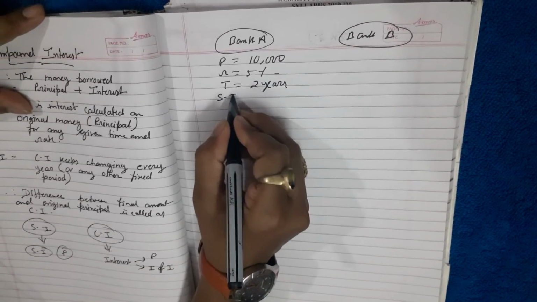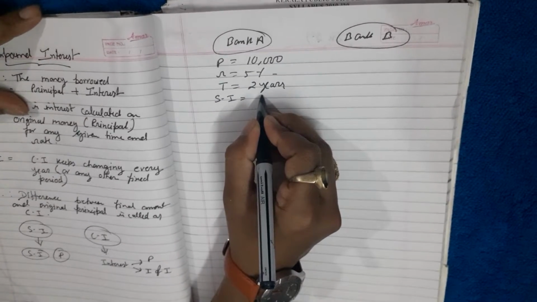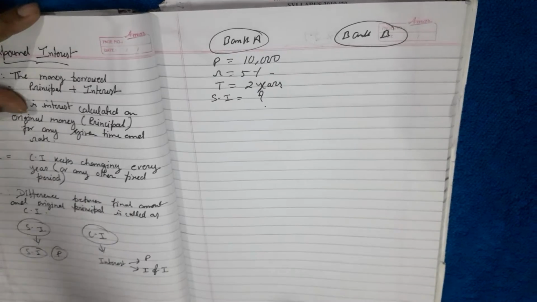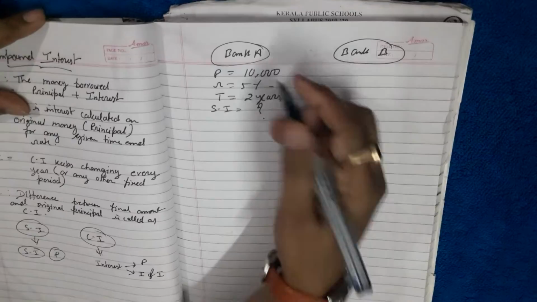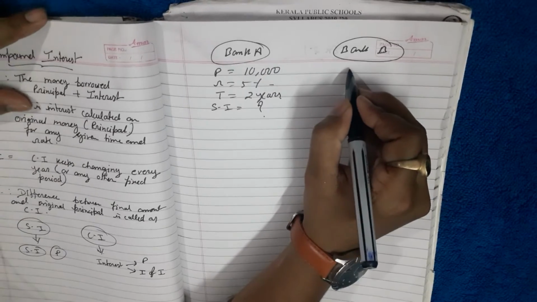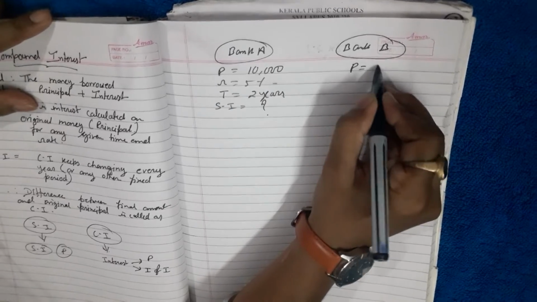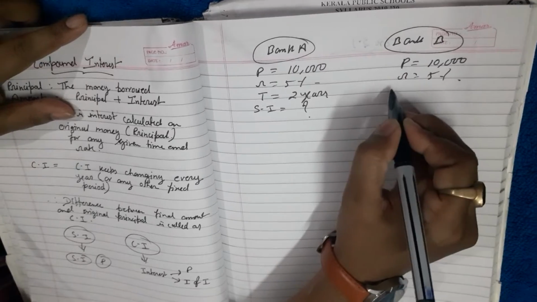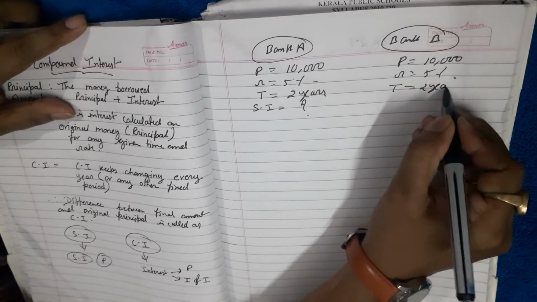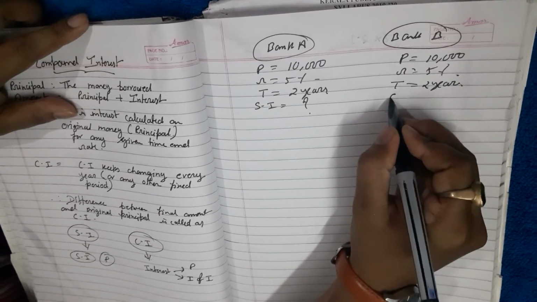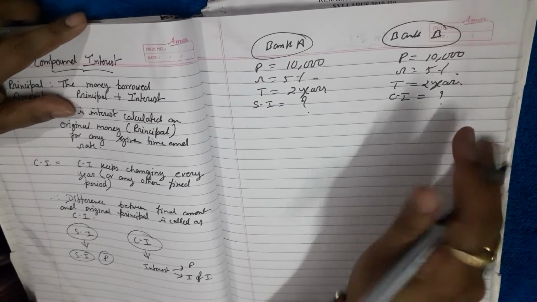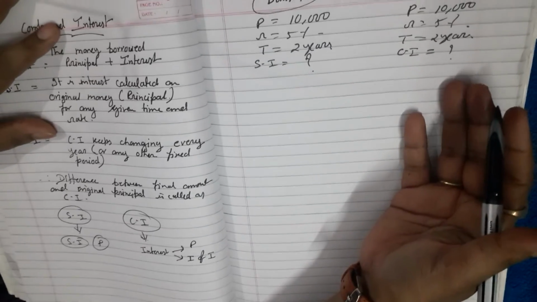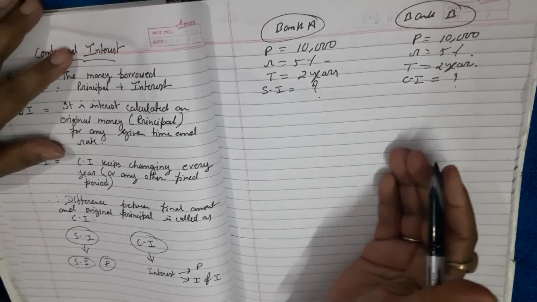The bank provides simple interest, so we need to find out what will be the interest provided by bank A. In bank B, the amount is same, 10,000, rate was 5%, time is again 2 years only, but bank provides compound interest. We have to find out what is the difference, which bank gives us more benefit.